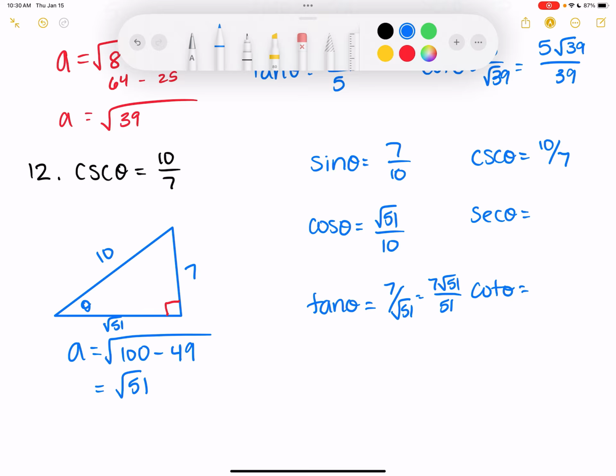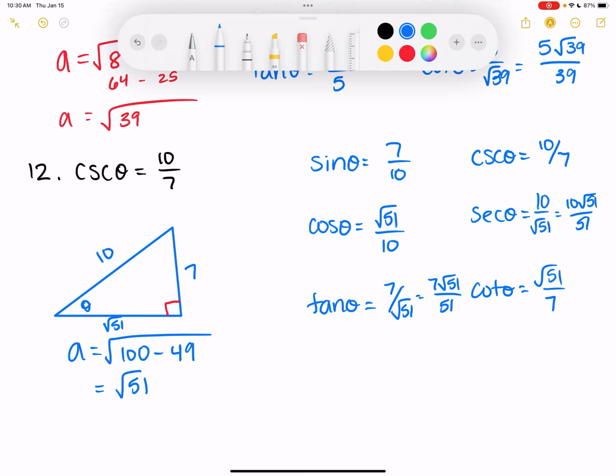Secant: 10 over square root 51, which is 10 root 51 over 51. And cotangent, I would use the original, not rationalized version: root 51 over 7. It's not wrong if you do this, you just have to rationalize and cancel and all the fun things.